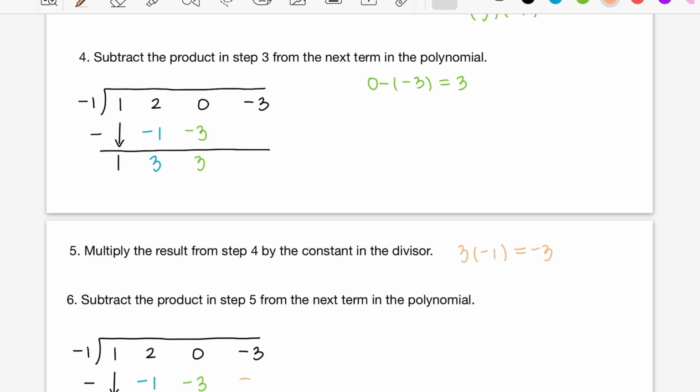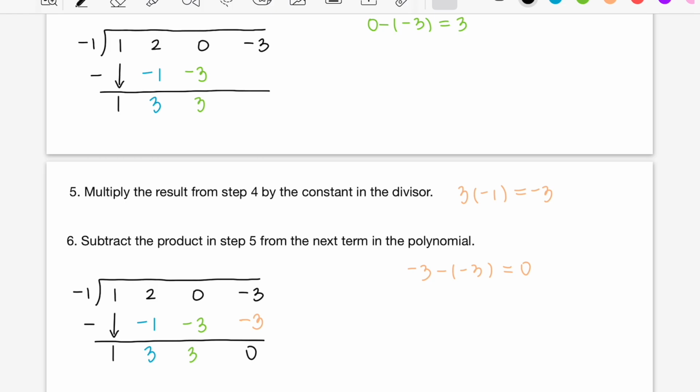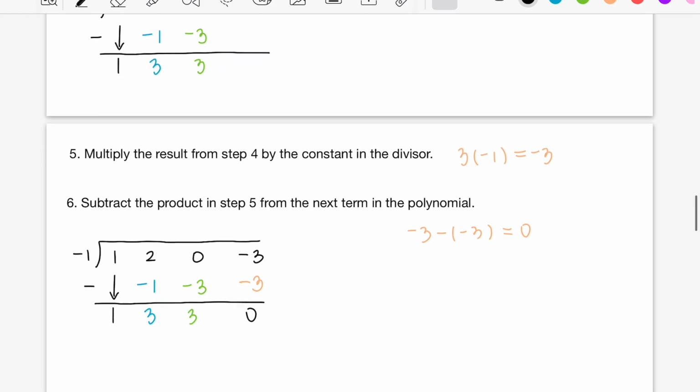So we're doing minus 3 minus negative 3, which is minus 3 plus 3, so we'll get 0. We have a 0 here. Using the same terminology as above, this is our quotient, and this is our remainder.